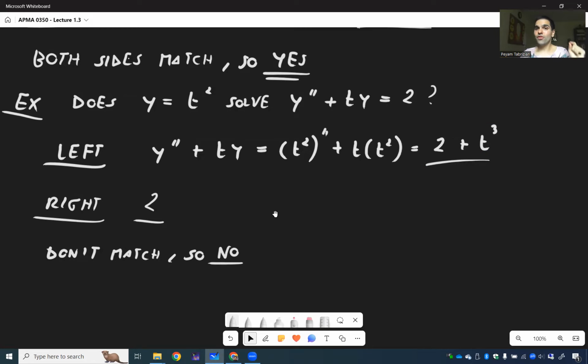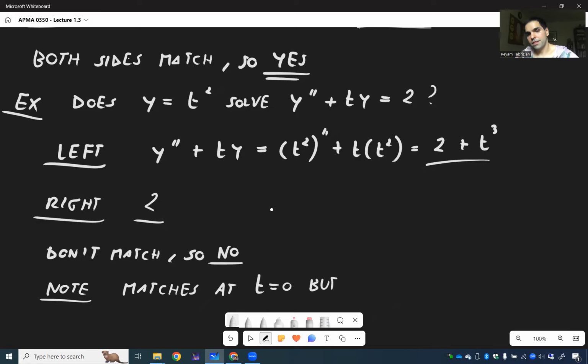Just because it works for one point doesn't mean it's a solution. Let me write that down. So it matches at t equals 0, but basically we want for all t.